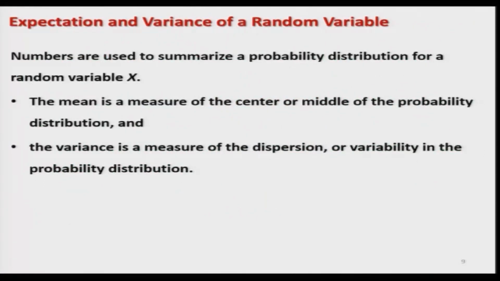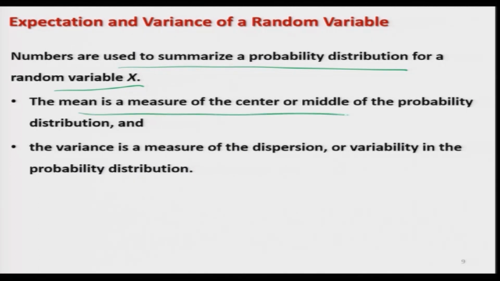Okay, so now you can see that we have some numbers as data, and they are trying to summarize the probability distribution for a random variable x. The mean is a measure of the center or middle part of the probability distribution, and variance is a measure of the dispersion or variability in the probability distribution.